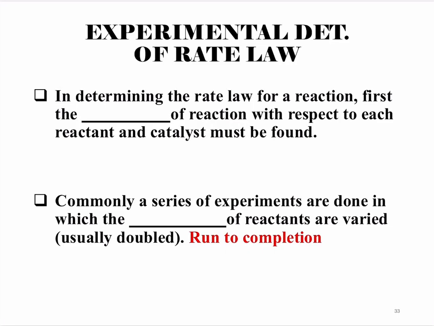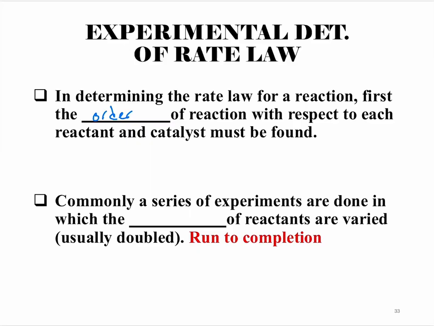So first, the order of the reaction with respect to each reactant and catalyst must be found. We're not going to be worried about the catalyst here, so you don't have to worry about that much. But you want to find the order with respect to each reactant. So we've been looking at simple reactions where it's just A goes to product.